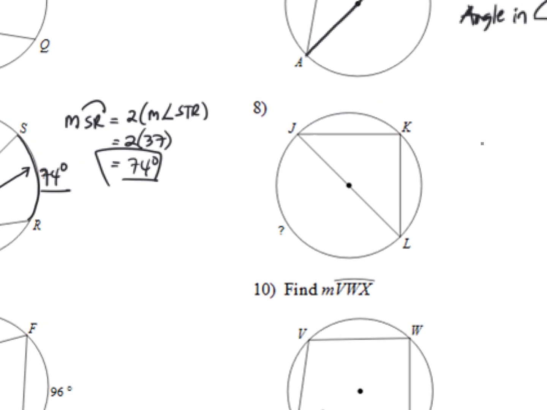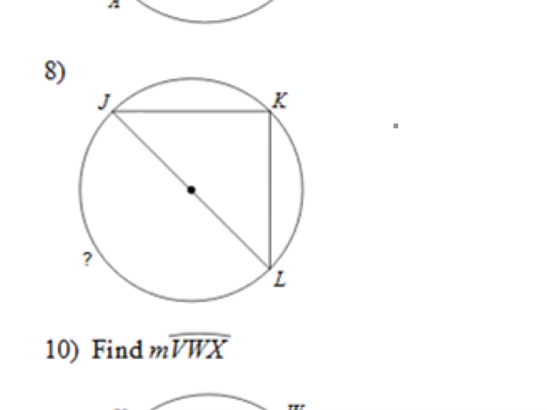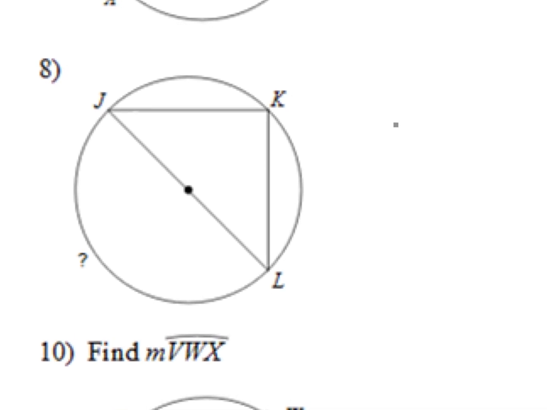Okay, let's go for number 8. They are actually asking us for this arc. There is a special case in here. This is a diameter, and that's going to make a semicircle. And we say in our special case that an angle in a semicircle is always 90 degrees. So this is an inscribed angle.